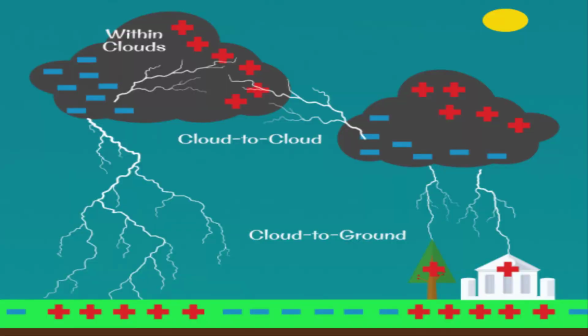These positive charges are concentrated on places on the ground with very high elevations, such as mountains, trees, and tall buildings. So in all, we have three sections of charge accumulation: positive charges at the top of the cloud, negative charges at the bottom of the cloud, and positive charges above the surface of the earth.